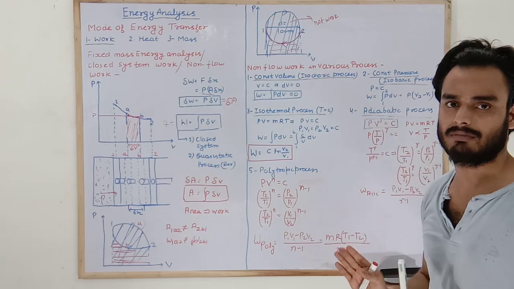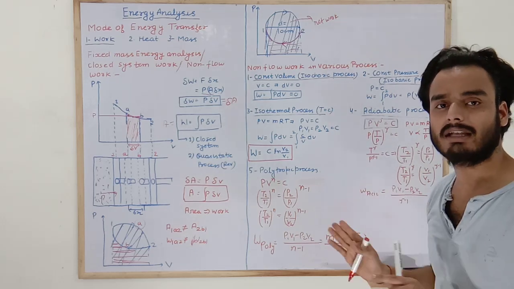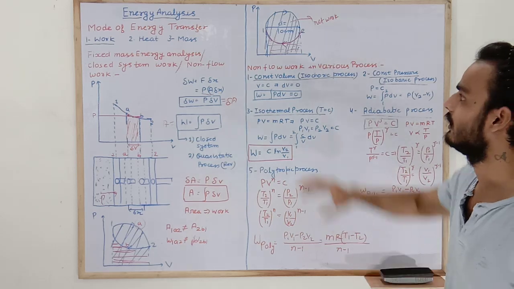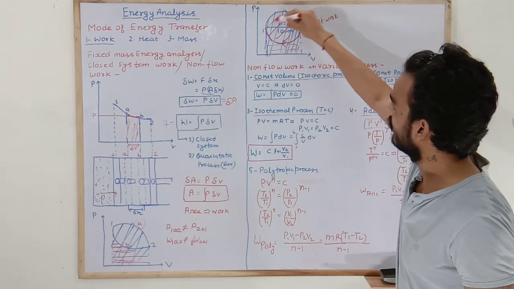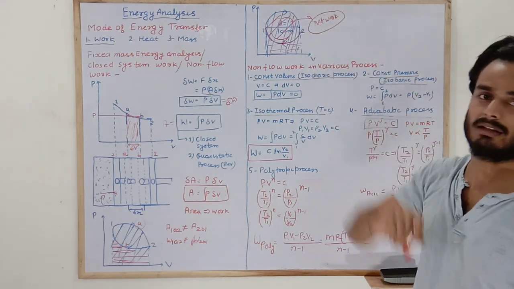For a cyclic process, the area enclosed will give you the net work interaction.